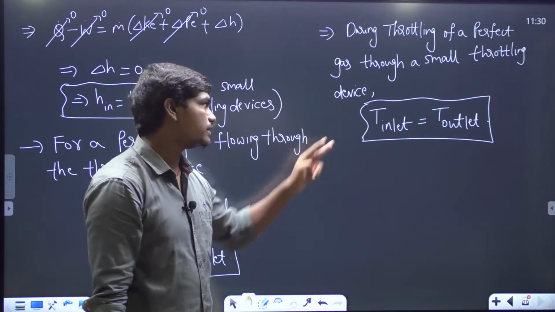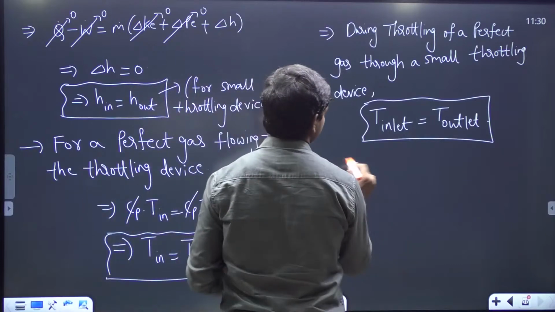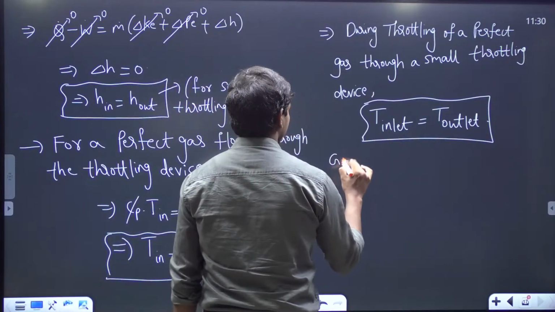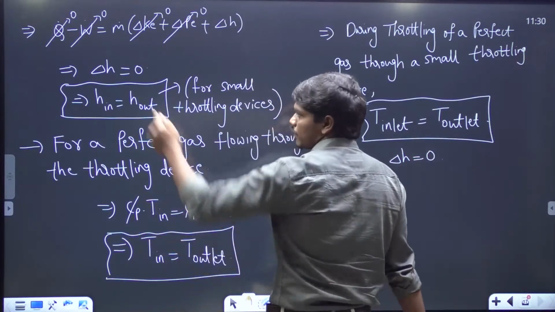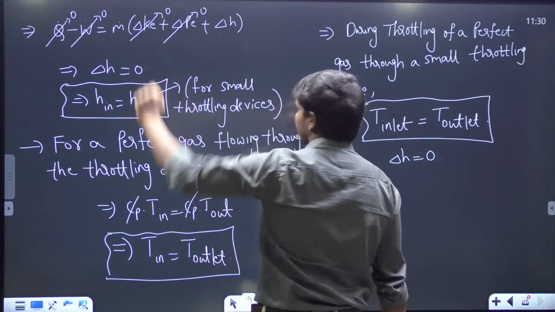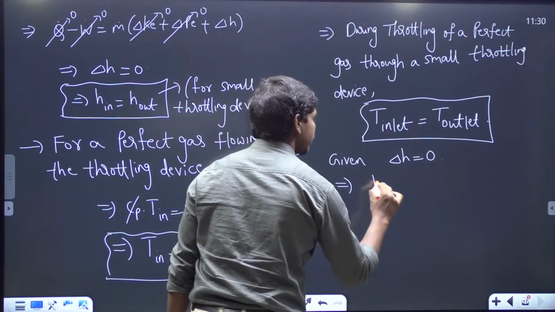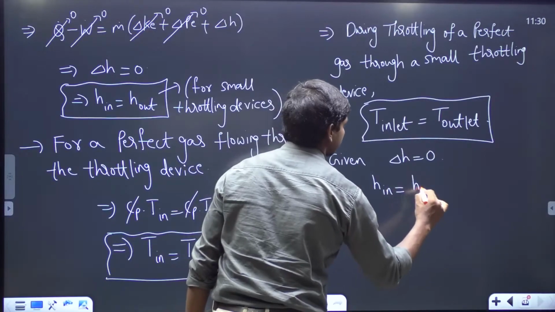Okay. So if T are equal, then one thing, given delta H is equal to 0, correct? Because this is what we obtained from the steady flow energy equation analysis. So this implies H inlet is equal to H outlet.